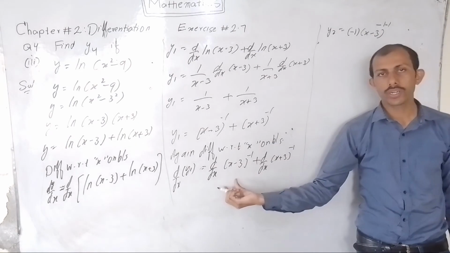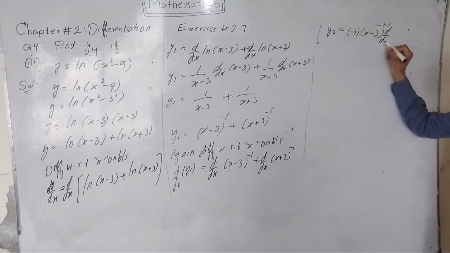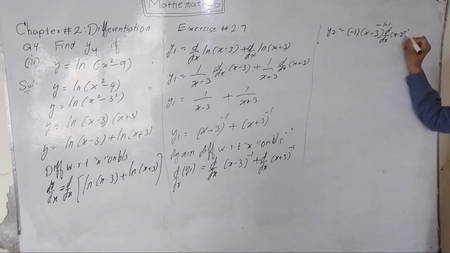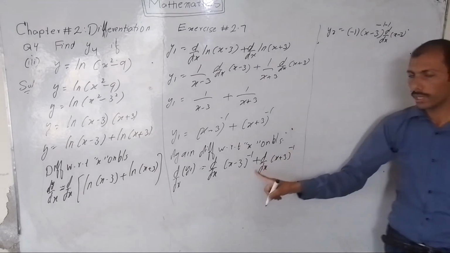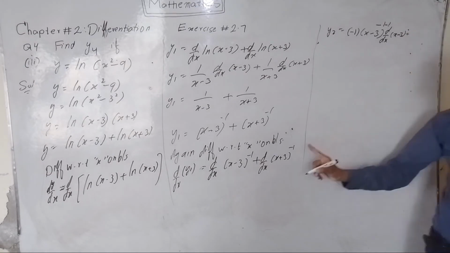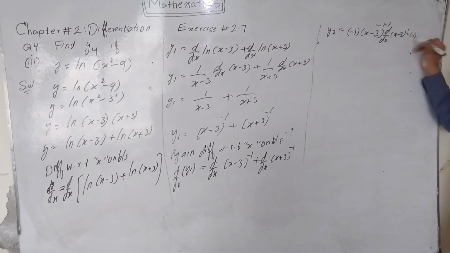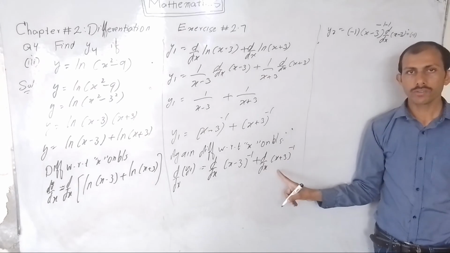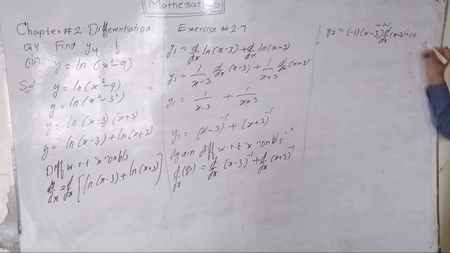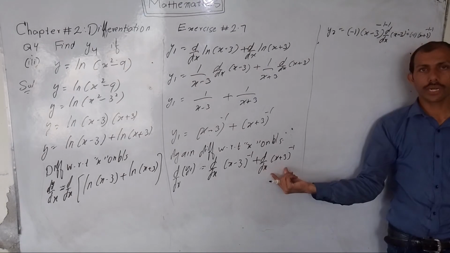Again derivative of function x minus 3, plus minus 1 power first, (x plus 3) whole power minus 1 into minus 1. Again derivative of function x plus 3.